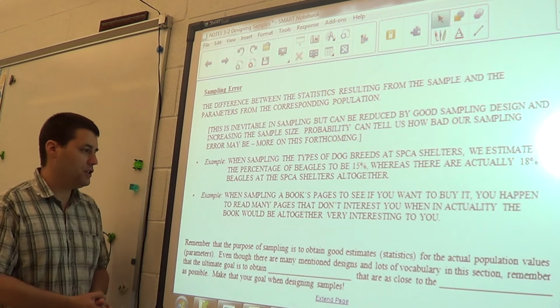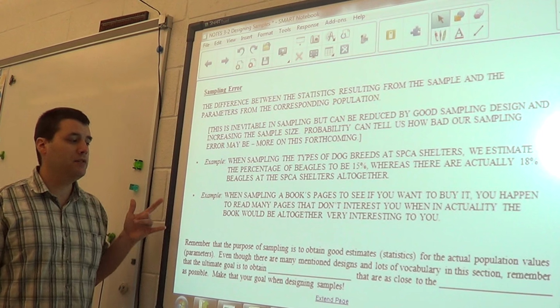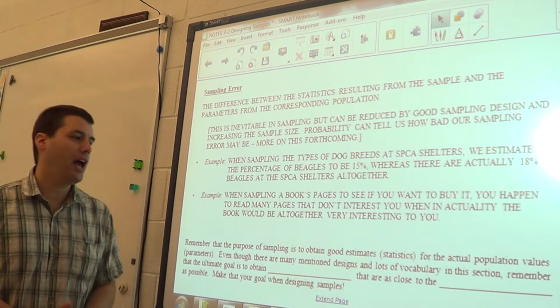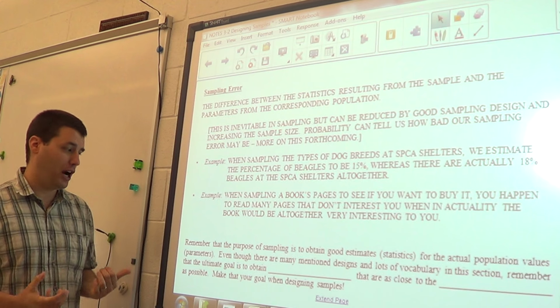So the last way I'll finish this is to say, remember that the purpose of sampling is to obtain good estimates, statistics, for the actual population values, parameters.